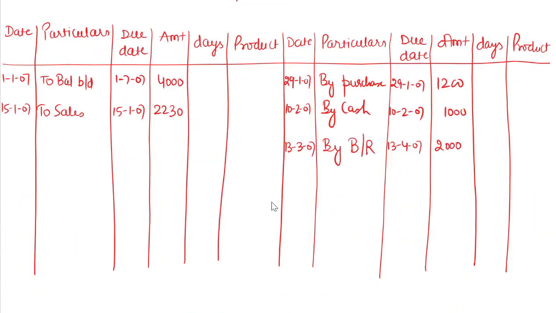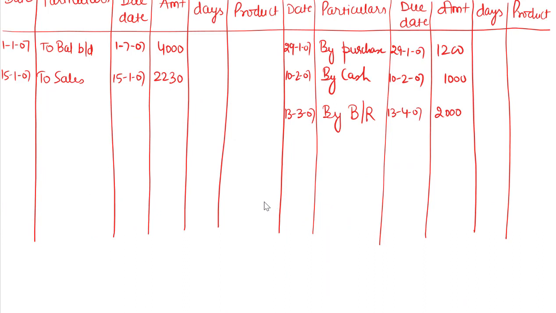Let us do the accounting over here. On the opposite side we need to calculate red ink interest. Amount of bill is 2000. This 2000 multiplied by how many days? We need to calculate the days.